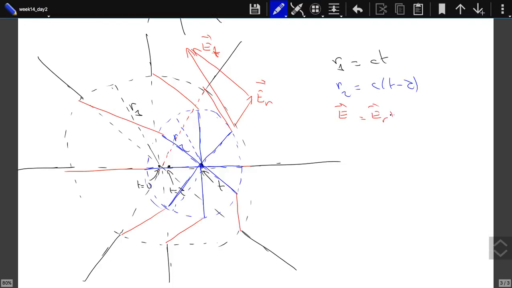The electric field is equal to the radial part plus the tangential part, just the vectorial sum. Now let's look at the ratio of those two. The tangential component divided by the radial component. Now this ratio will give me the tangent of this angle.